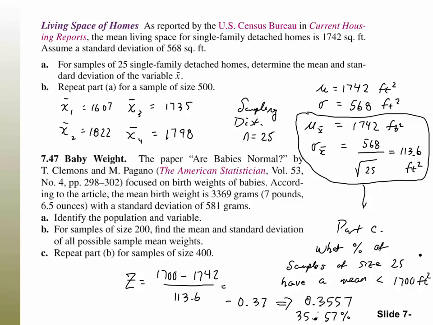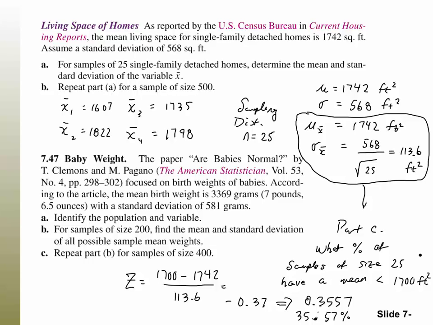So, birth weights of babies. Mean birth weight. So our variable is birth weight. The mean is 3369, standard deviation 581 grams. So now we want to talk about the sampling distribution for samples of size 200. So is this sampling distribution going to have a large standard deviation or a very small standard deviation?